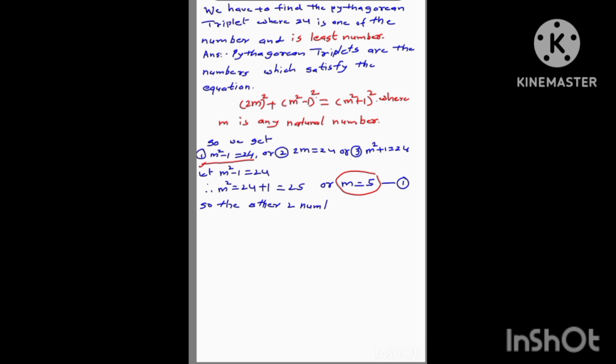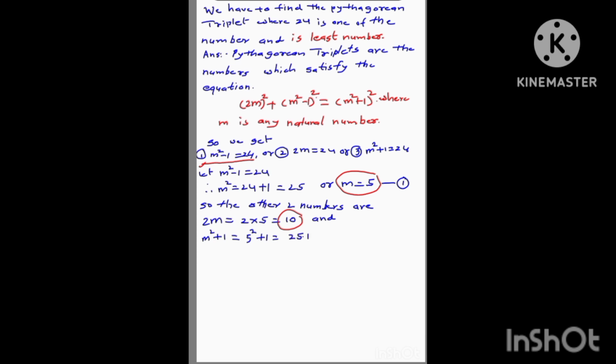The other two numbers are: one number is m square minus 1, which we have taken as 24, another number is 2m, which is 2 into 5, that is 10, and another number is m square plus 1. The numbers are only m square minus 1, 2m and m square plus 1.